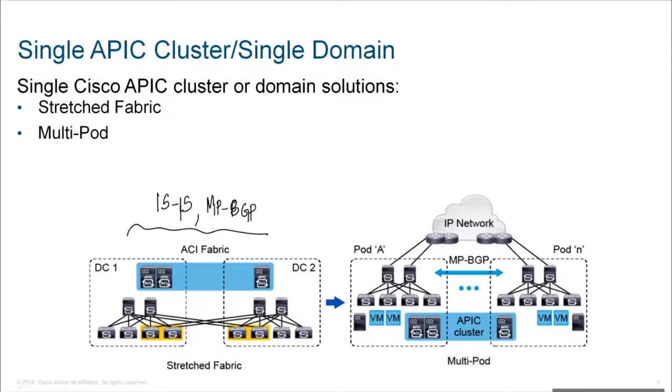It's also stretched across the 2 sides. That means if ISIS fails, it affects both sides, or if MPBGP acts up, it affects both sides.